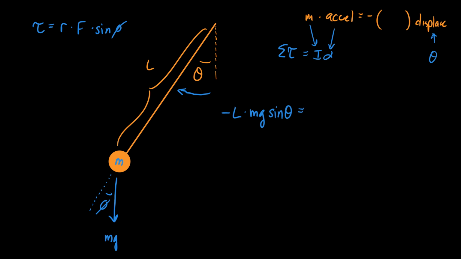This has to equal I alpha. I is the moment of inertia of a point mass. Do you remember how to find the moment of inertia of a point mass? It's been a long time. The moment of inertia of a point mass is mx squared. What's x in this case?